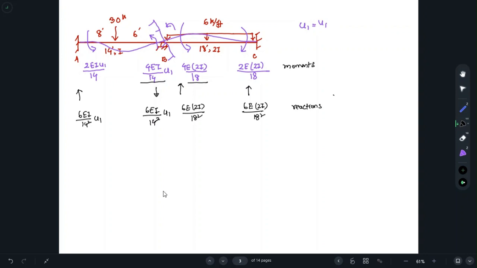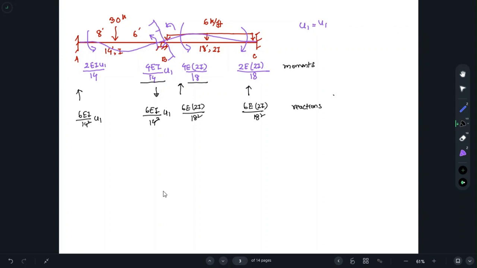So we'll sum all of these moments with their signs. Here we'll say the anti-clockwise moment is positive and the clockwise moment is negative. So here it is anti-clockwise and it is anti-clockwise as well.